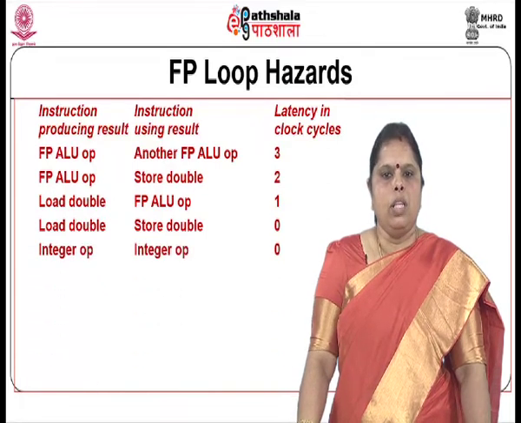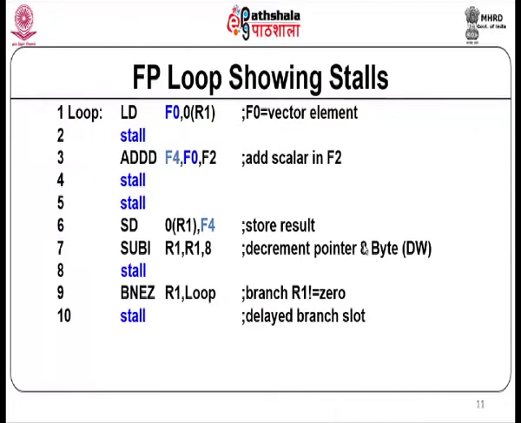Now, assuming these latencies, if you try to schedule this loop without bringing in any of the concepts that we have looked at, you have to schedule the load instruction first, and because you need one latency between the load and the dependent add, you have to have a stall in between. Between the add and the store instruction, as you can see from the previous slide, we have assumed 2 clock cycle latency.